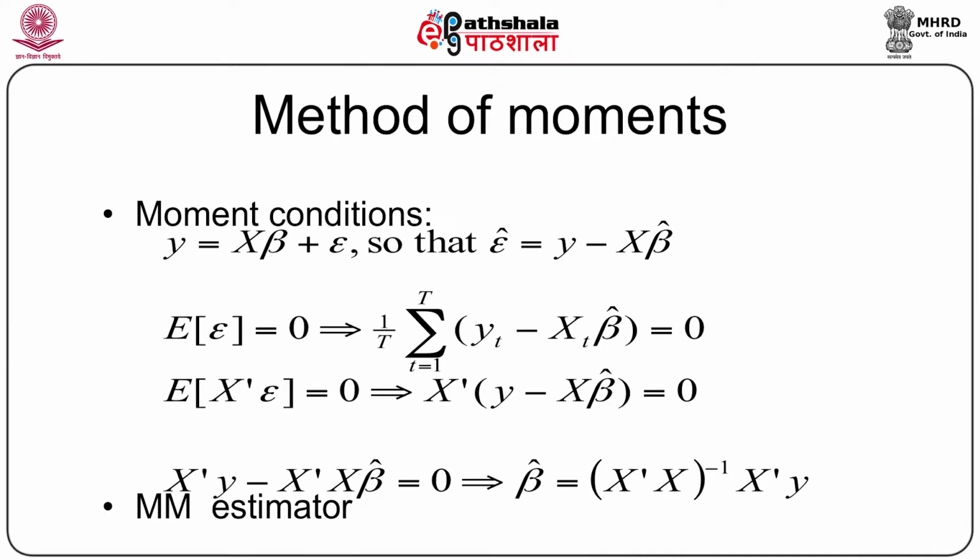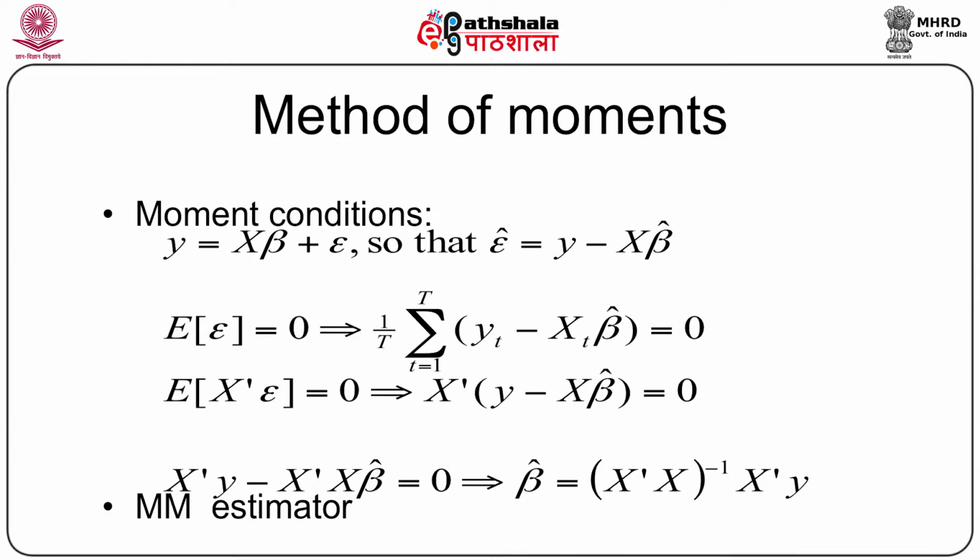This gives us that the sample mean of the estimated residual is equal to 0. This is the sample counterpart of the population moment, expectation of epsilon equal to 0. And alternatively, we use the idea that the covariance between x and epsilon is equal to 0, that is, x prime multiplied by y minus x beta hat is equal to 0.